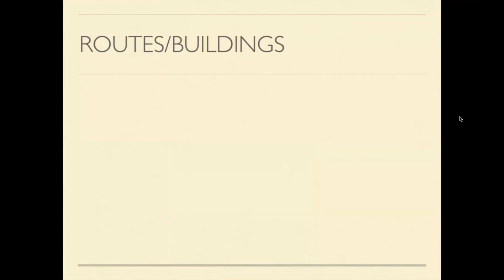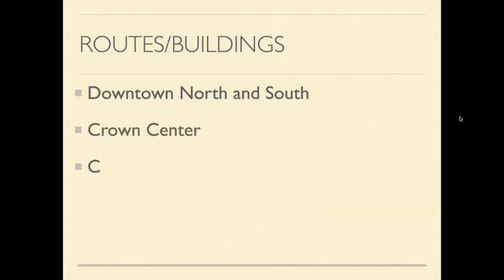So the first thing to do is choose a route or a building. Right now we are surveying the routes downtown north and downtown south, and you'll see what that means. And Crown Center, out on Cliff Drive, the Polsinelli building in the West Plaza.